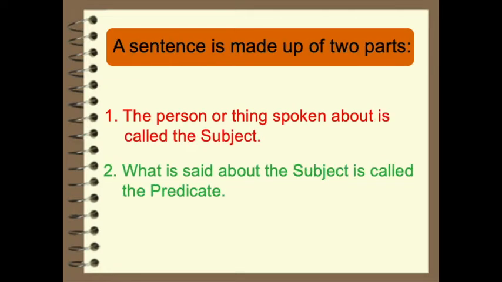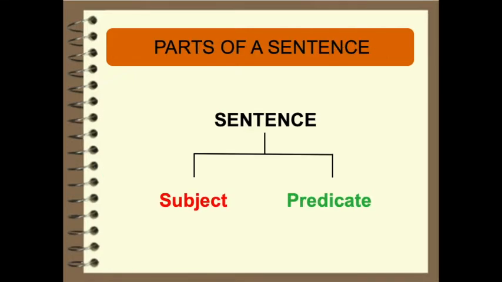A sentence is made up of two parts. Number 1, the person or thing spoken about is called the subject. Number 2, what is said about the subject is called the predicate. So it is clear to us now that every sentence is made up of subject and predicate.